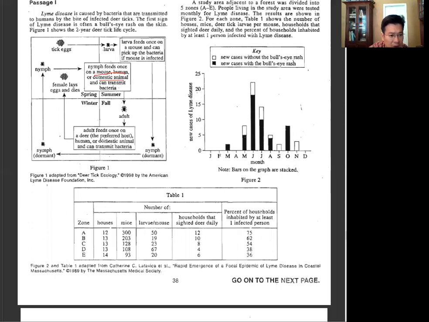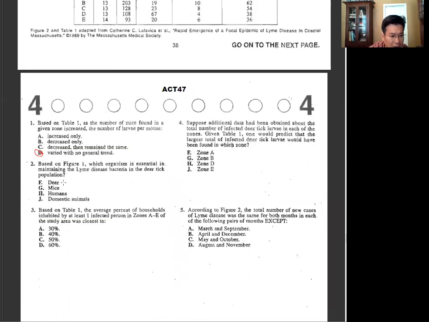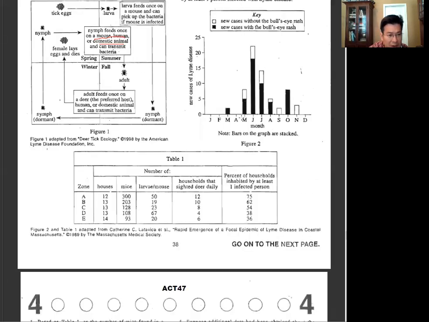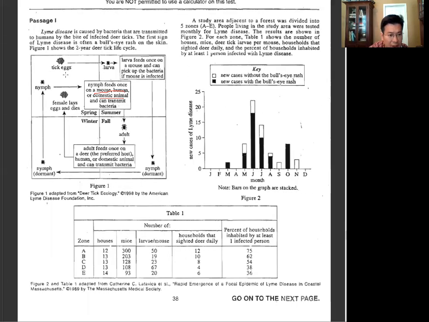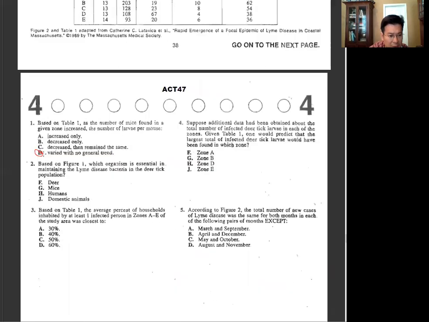Okay, so this is the key thing. If you look at here, deer, mice, humans, domestic animals. But then it says specifically deer tick. So the tick egg is also feeding once, and the mouse can pick it up. That's another thing that we can see. So mouse and mouse, which is mice.